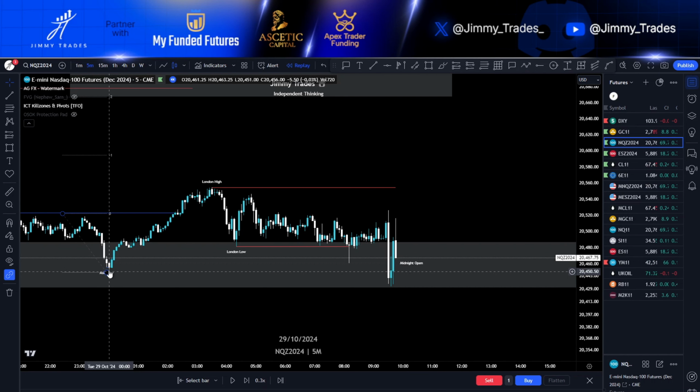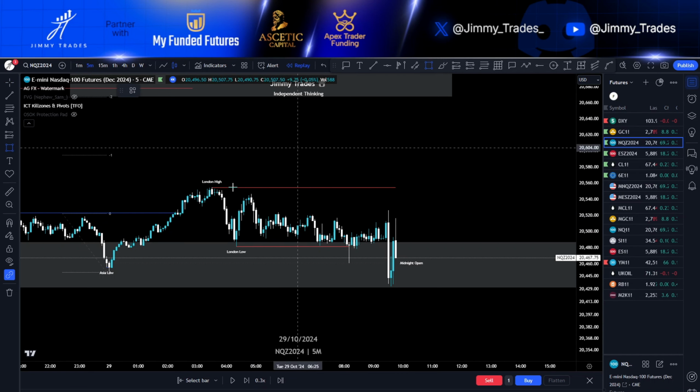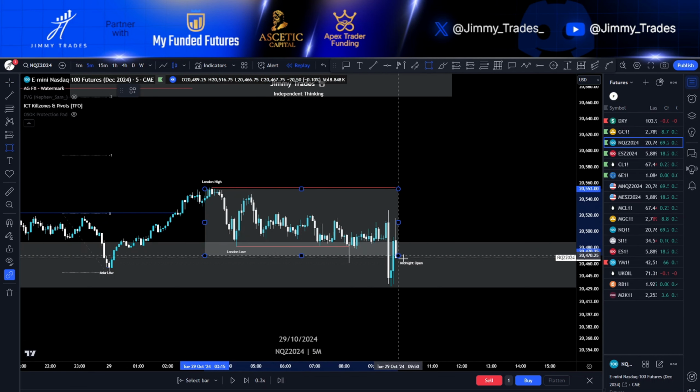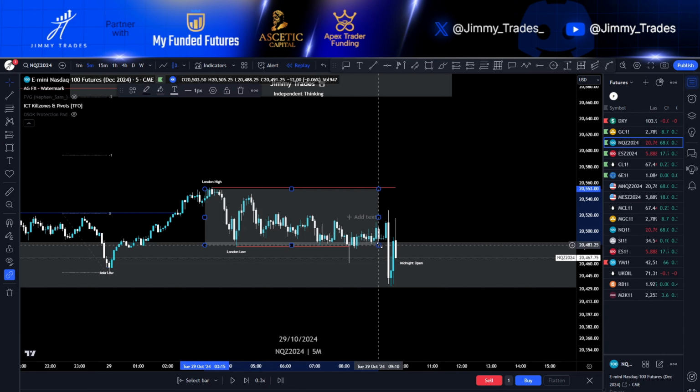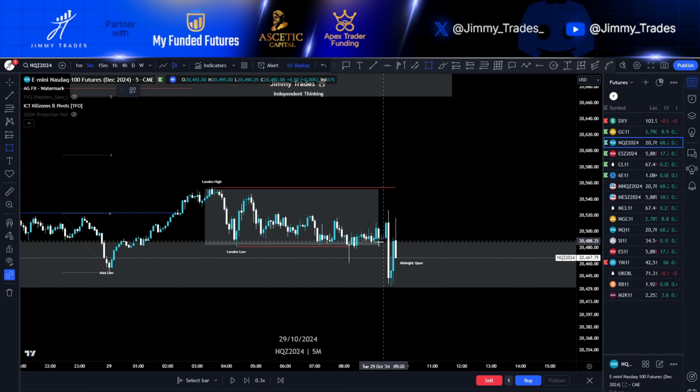This candle here actually did go slightly below the session low of Asia, but we did manipulate lower. So looking at this as manipulation, so consolidation through London session, and then manipulation at open.